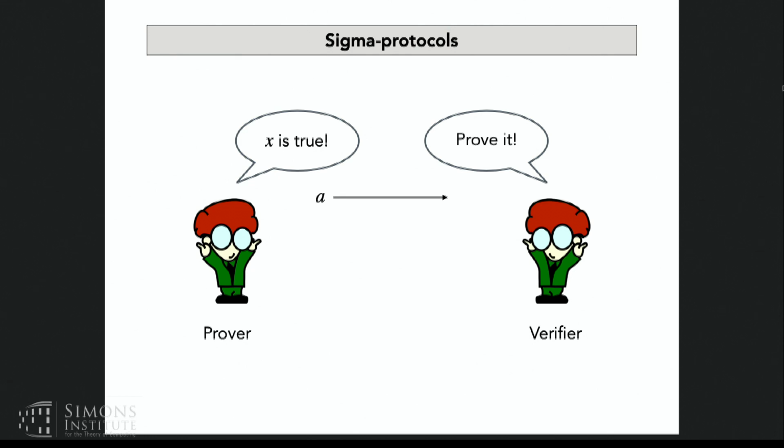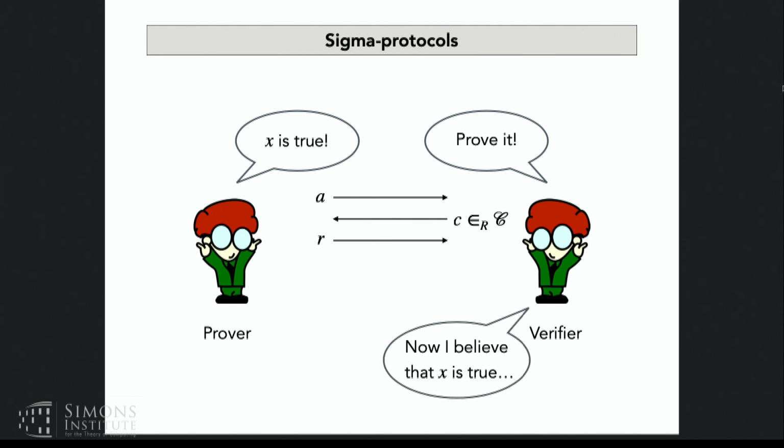The prover sends some message A to the verifier. Now the verifier chooses a random challenge C from some challenge set independently of A. And finally, the prover sends some response R. Now if everything went right, if this is a good sigma protocol, the verifier should be convinced of the truth of the statement x.